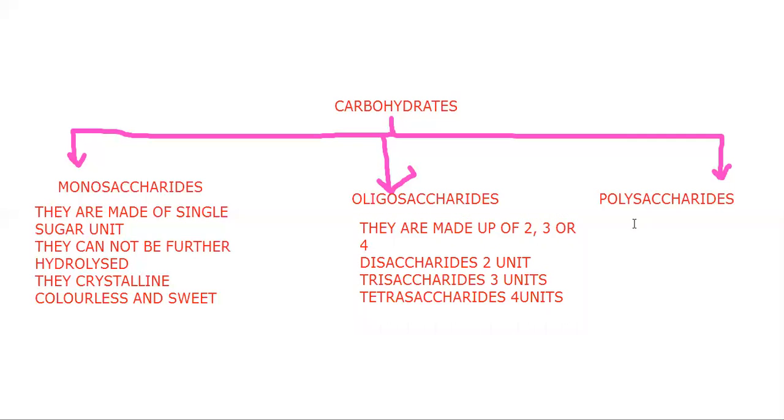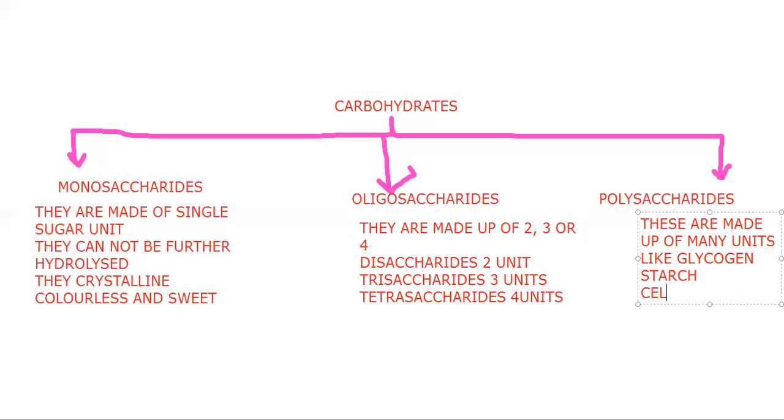And polysaccharides are made up of many units, like glycogen, starch, and cellulose.